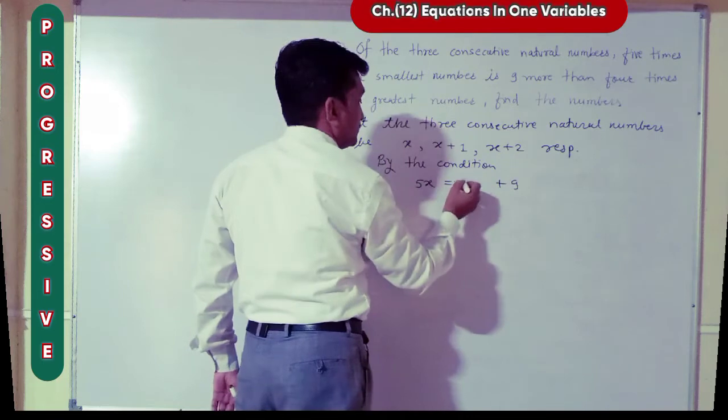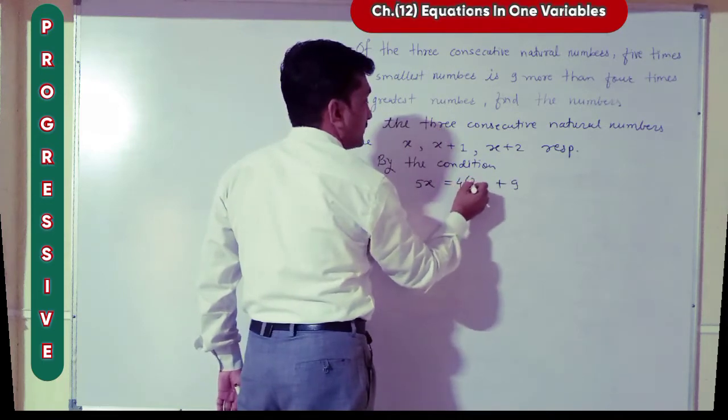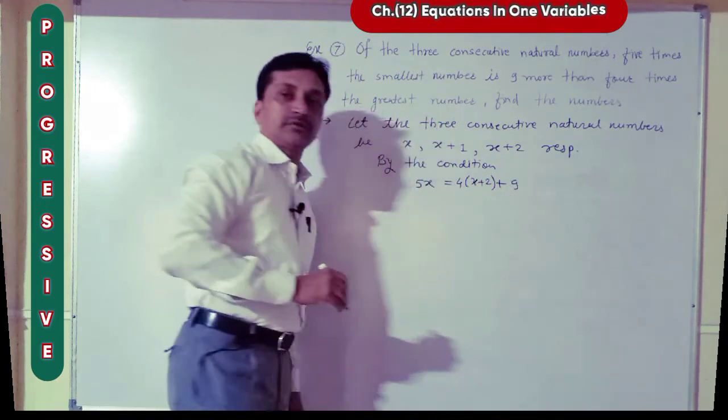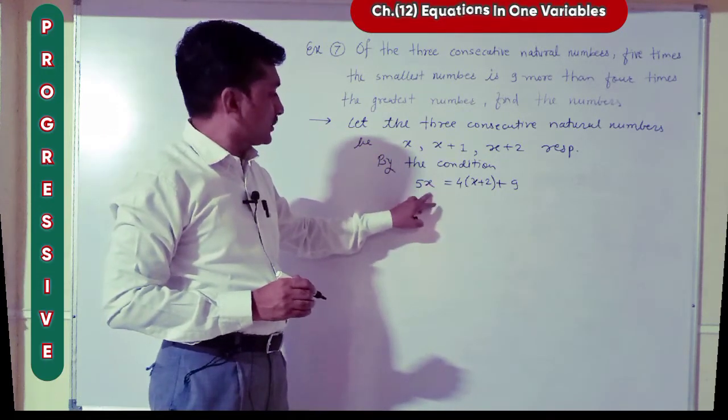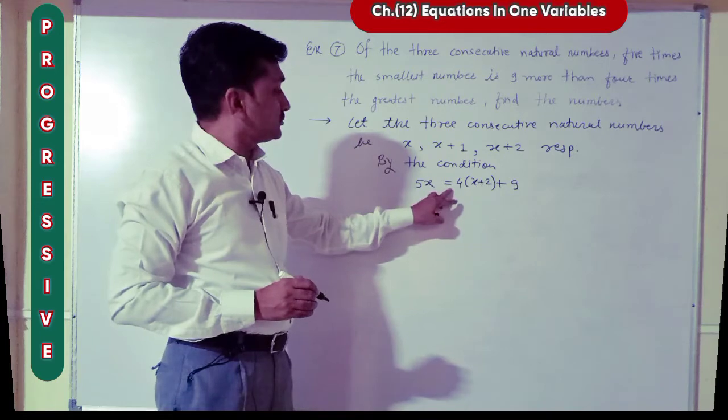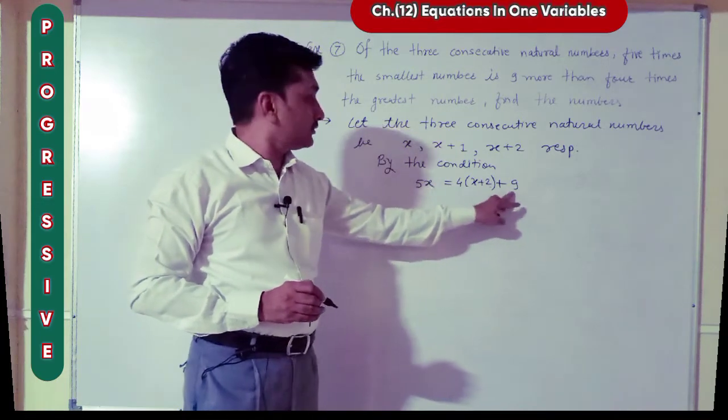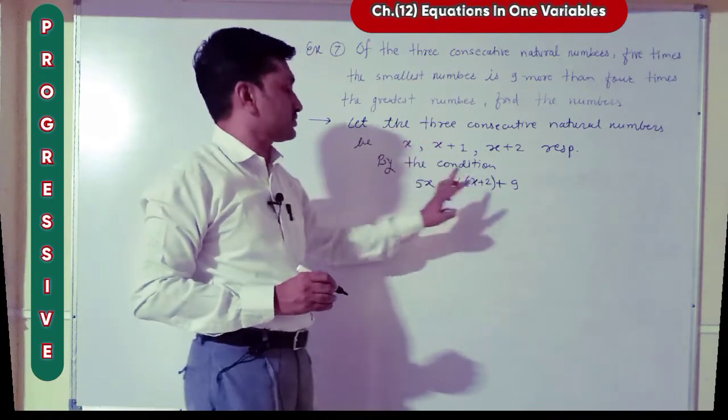Greatest is x plus 2, so 4 times the greatest. See, the equation becomes like this: 5 times the smallest, 5x, is 9 more than 4 times the greatest.